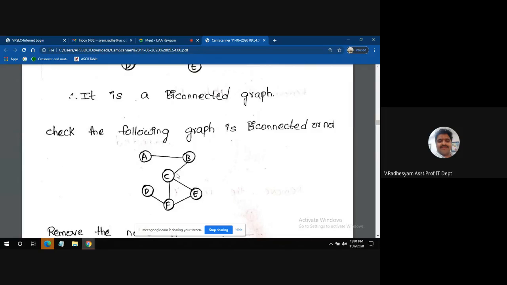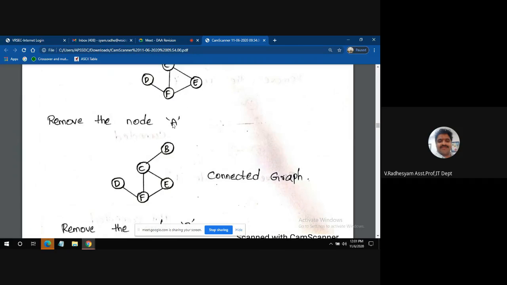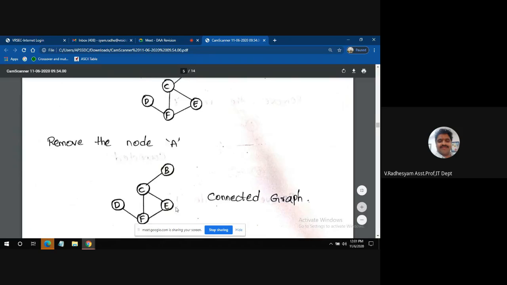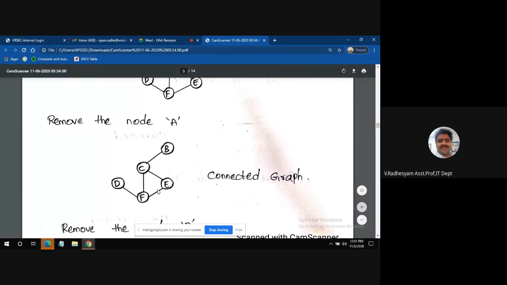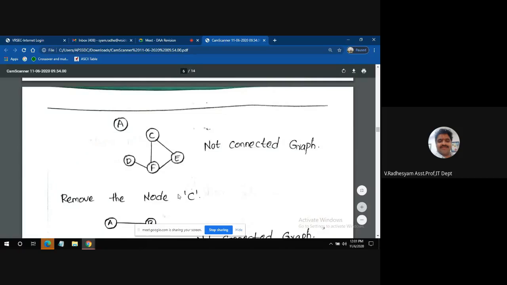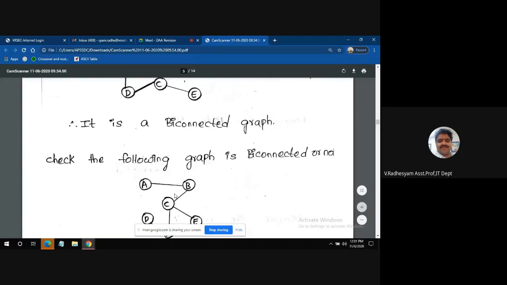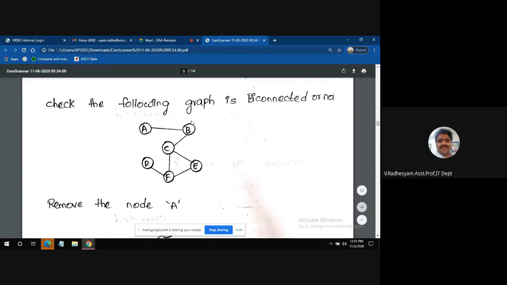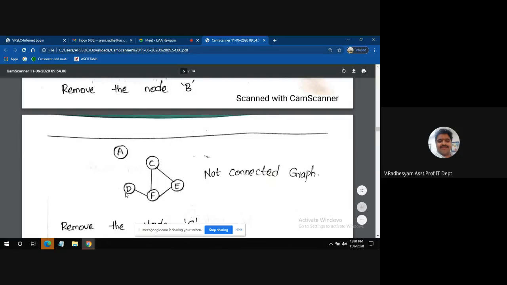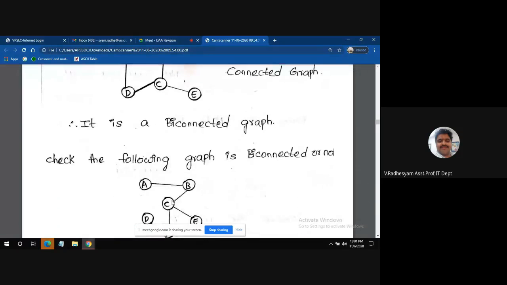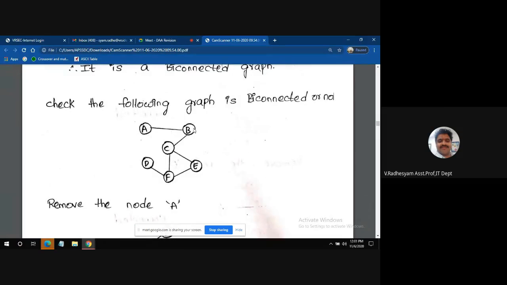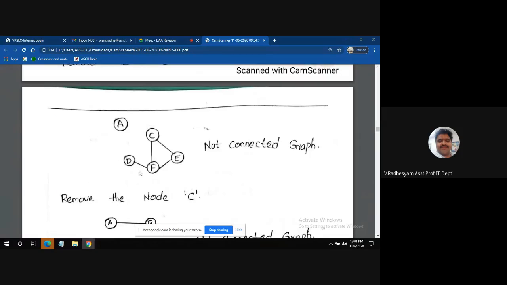Now check by removing the nodes. Remove A, and this is the case. Remove B. If you remove B, what is happening here? A becomes isolated. The remaining graph is like this. So this is not an example for a bi-connected graph, because if you are removing B, it does not remain a connected graph.